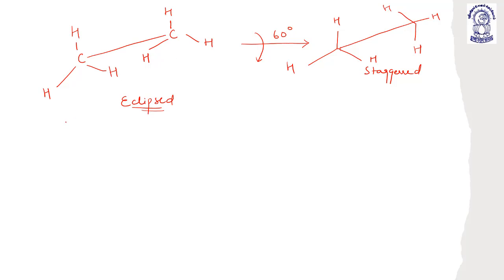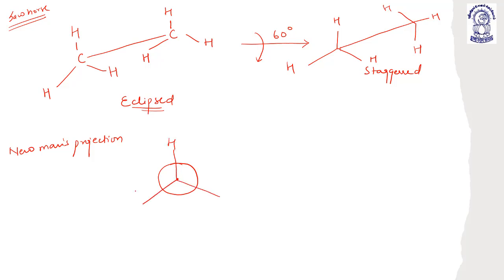Okay. For Newman's projection, front carbon, front carbon hydrogen bond, back carbon hydrogen bond.